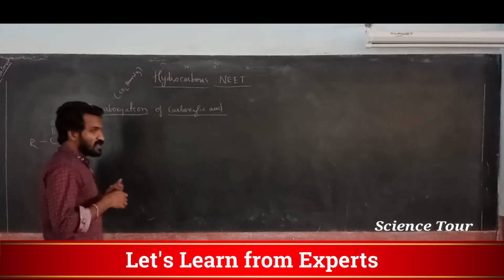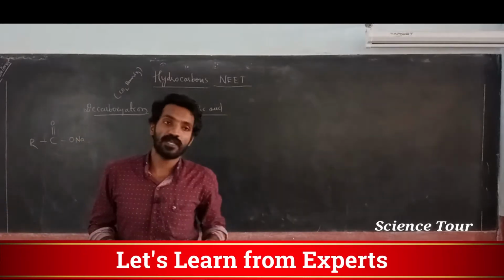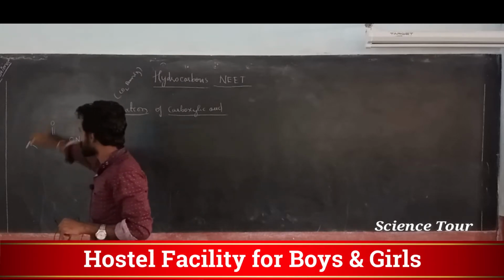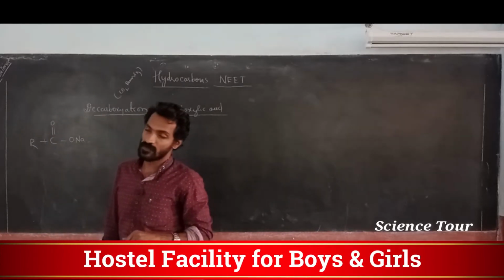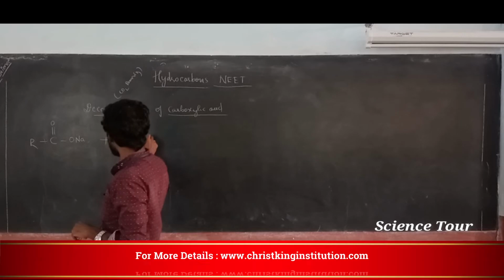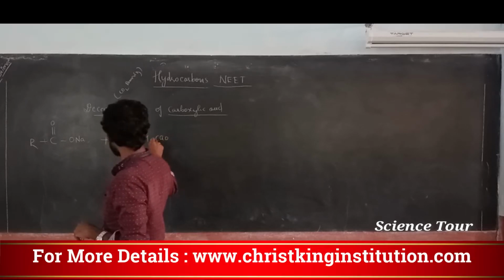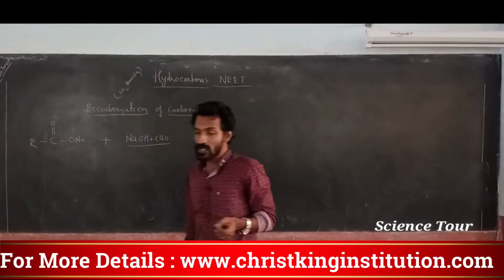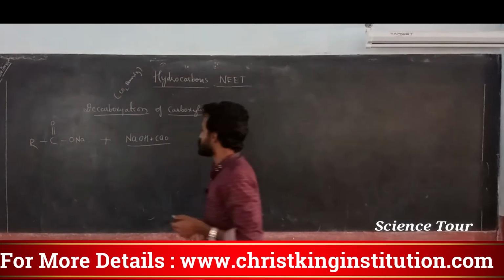So we are removing carbon dioxide from this one. How to remove carbon dioxide? That is important. You treat with soda lime. What is soda lime, my dear students? Sodium hydroxide plus calcium oxide together is called soda lime.